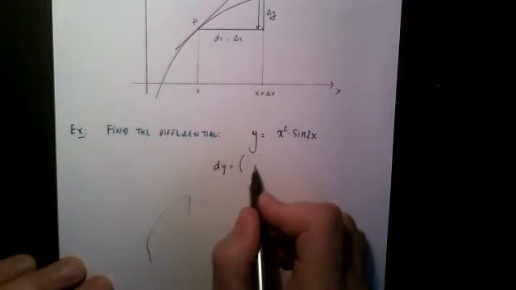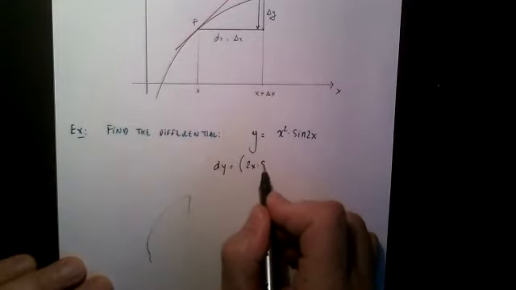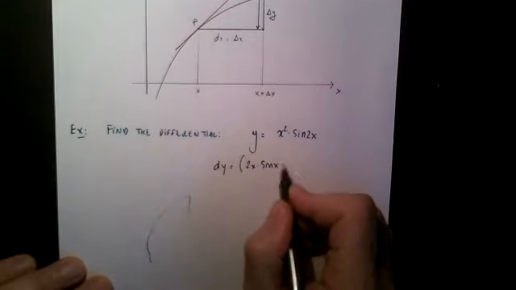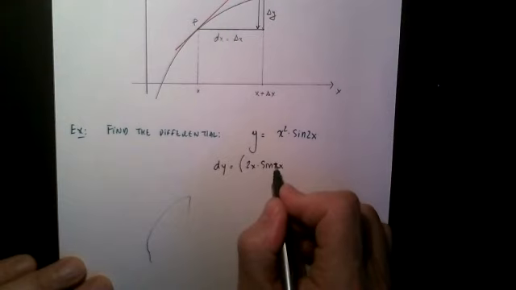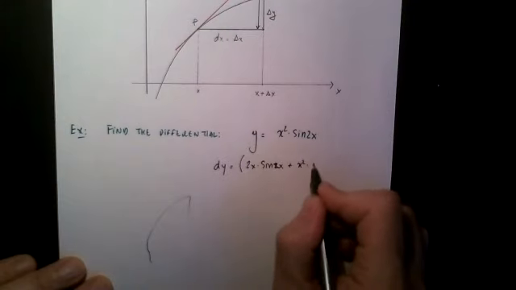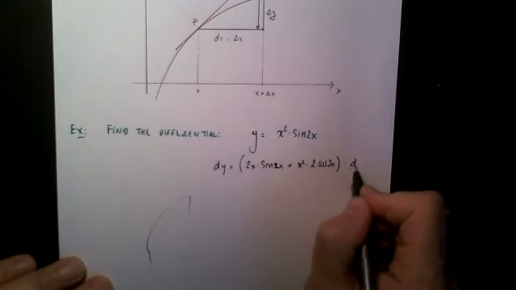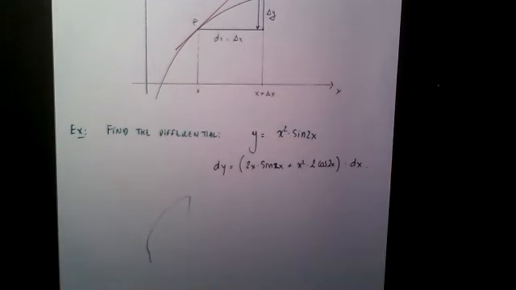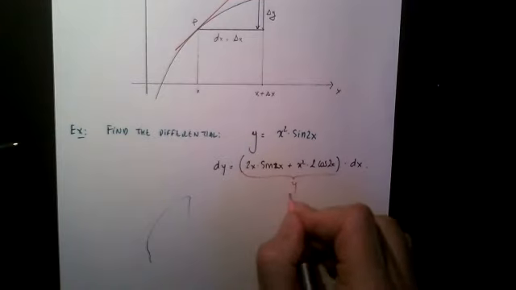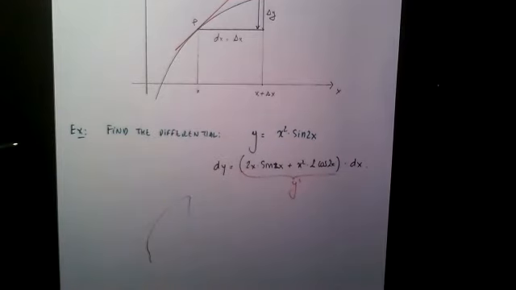So we have to do, of course, a product rule. 2x sine 2x plus x squared times 2 cos 2x, times dx. And that's it. This is my differential. So it's always dy is equal to y prime times dx, always.